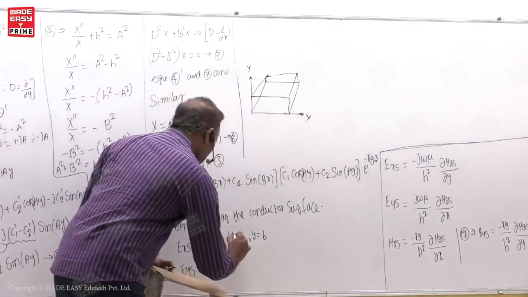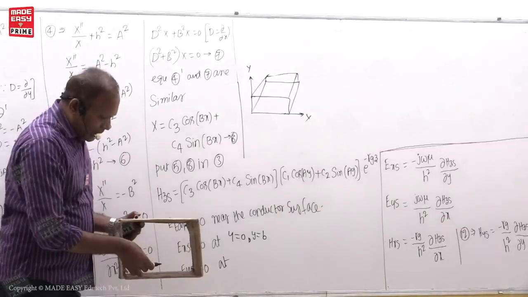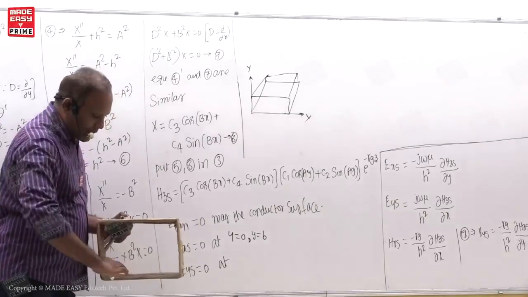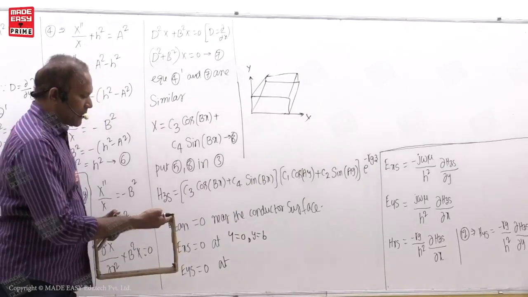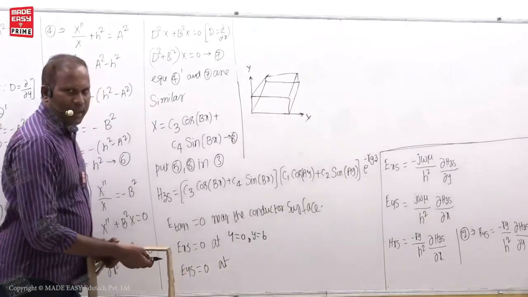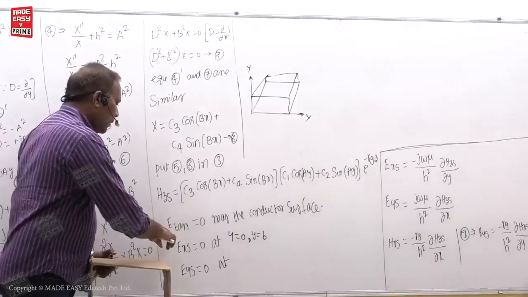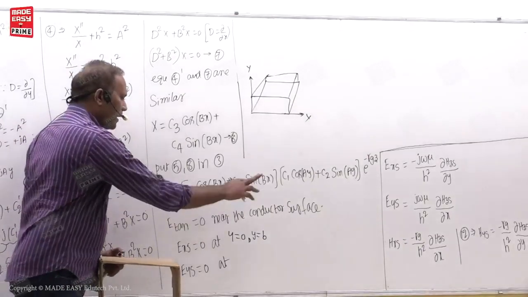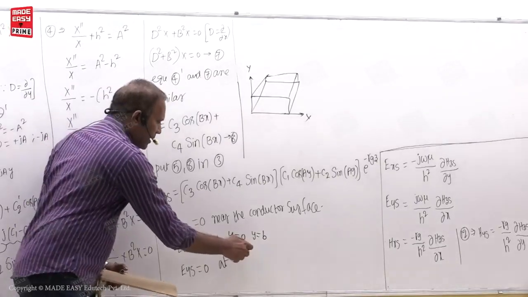So the electric field x component is tangential to the y is equal to 0 conductor surface and the y is equal to b conductor surface. For both conductor surfaces, EXS is a tangential component. Now we know the tangential component of electric field is 0 near the conductor surface. So that is why EXS is 0 at y is equal to 0 and y is equal to b.